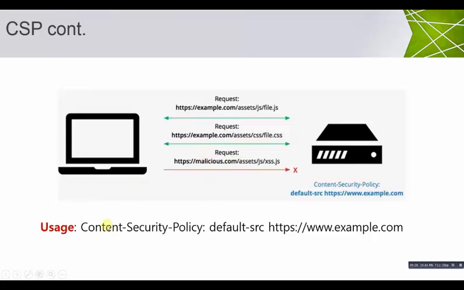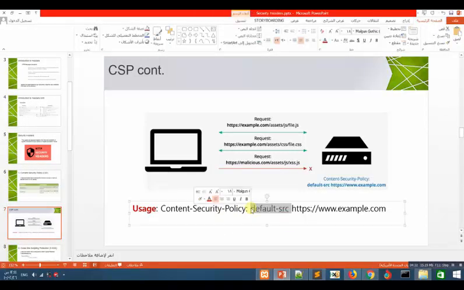This CSP, or actually all these headers, can be implemented in three ways: either by editing the configuration file of the web server, or by adding it to the .htaccess, or hard coding it in the programming language that you use, for example PHP. So we'll add this security header by editing the configuration file of the web server.